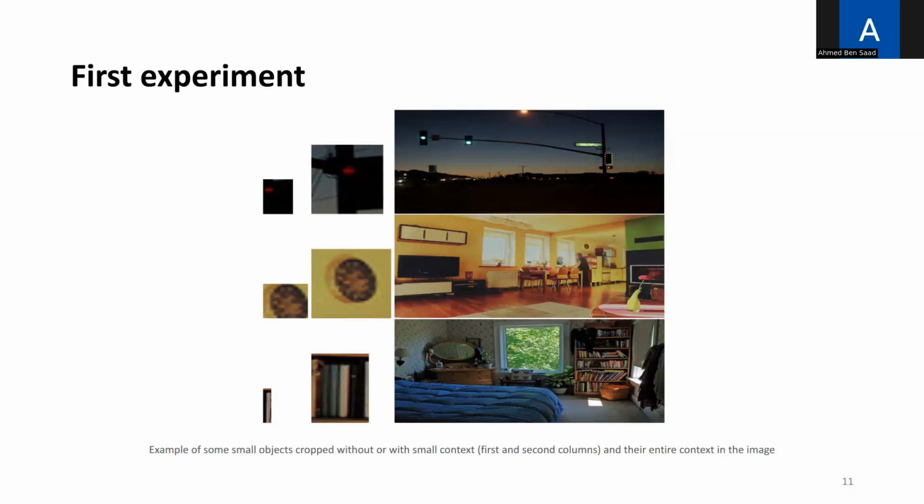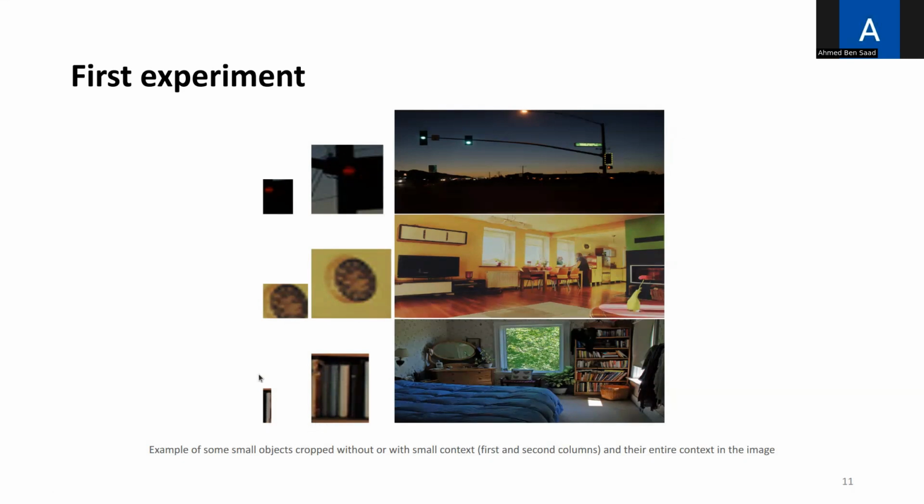In the second image, which is a clock hanging on the wall, even a human eye cannot discern that it is a clock without the presence of its entire context, which means that there is a room or a kitchen maybe, and something hanging on the wall, and it is a clock. The same thing applies for the book here in the last row.